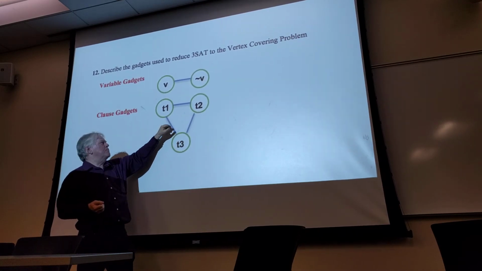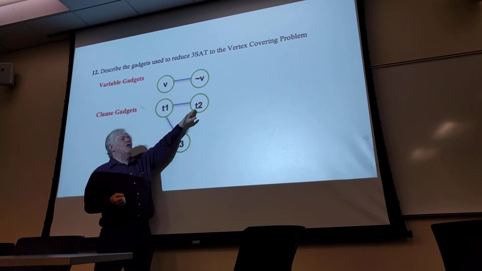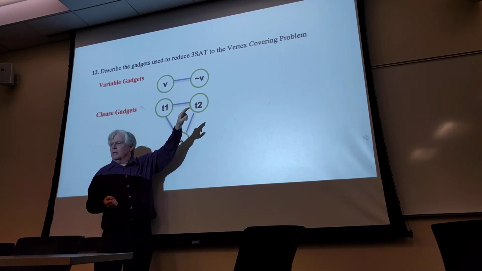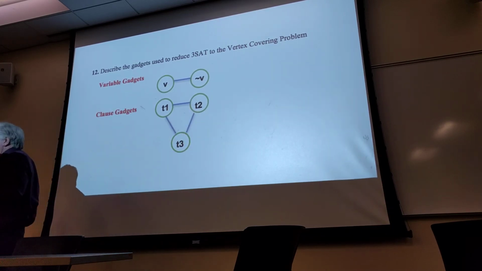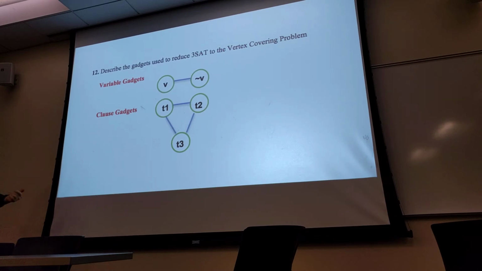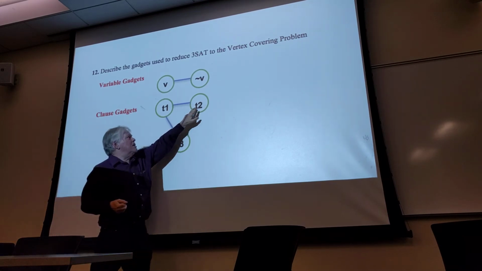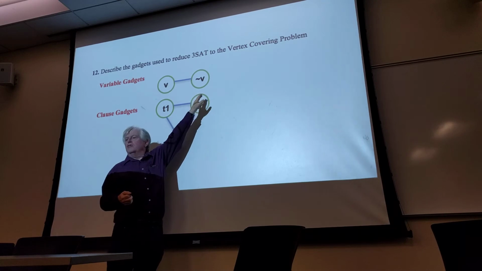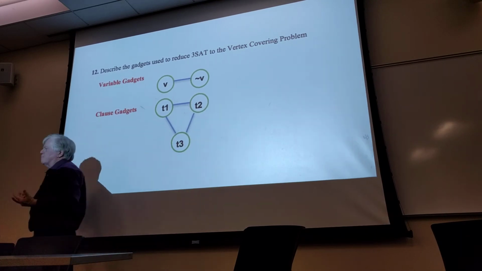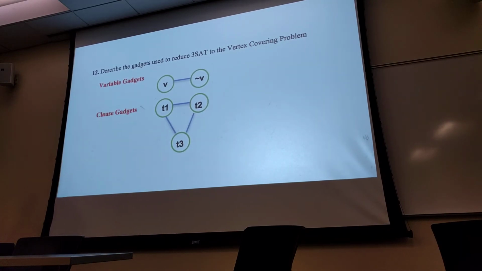And if I had something really bizarre like V or not V in here, which is possible, right? I could have a clause like that. By choosing this one, it would cover the edge that comes down there. Now, more typically what's going to happen is all the variables in there are going to be unique, and they're either going to be complemented or not complemented.